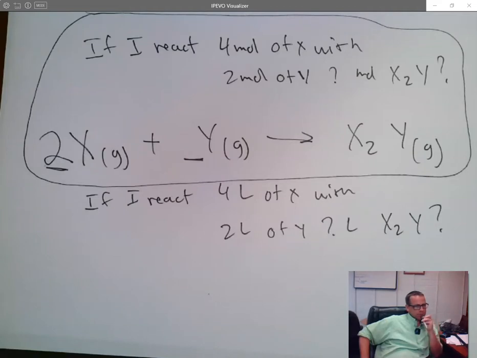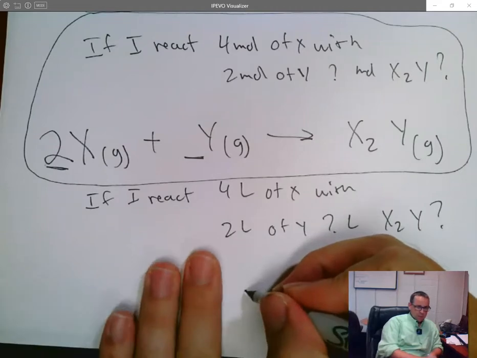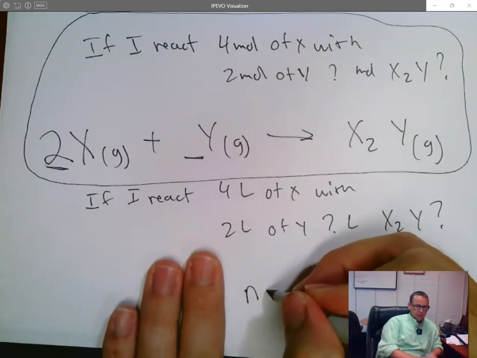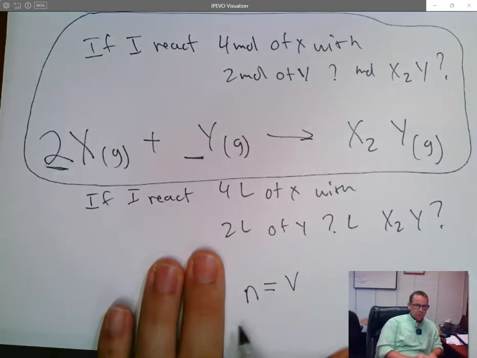Yeah. When they're in the gaseous states, you can consider the molar ratios the same as the volume ratios. That's right. Because, like we said, in gaseous conditions, n, moles of gas, is related to volume directly.